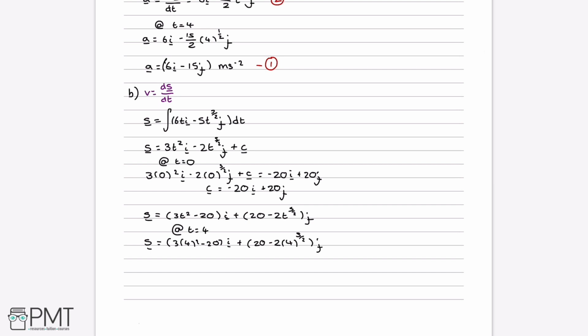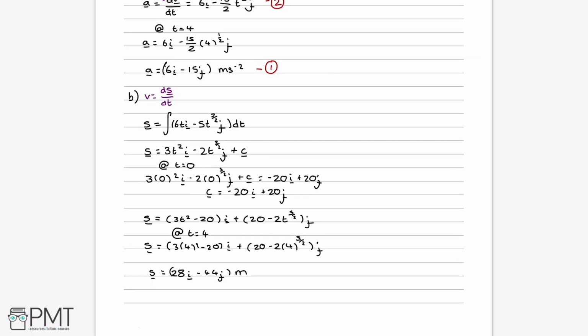When we put this into a calculator, we find that the displacement, and therefore the position vector of P at t equals 4, is 28i minus 44j. This is all in meters, because we're measuring displacement, which is measured in meters.